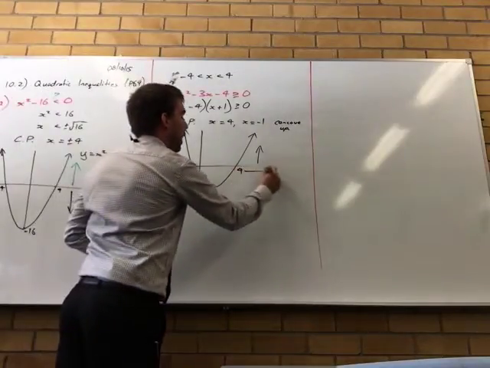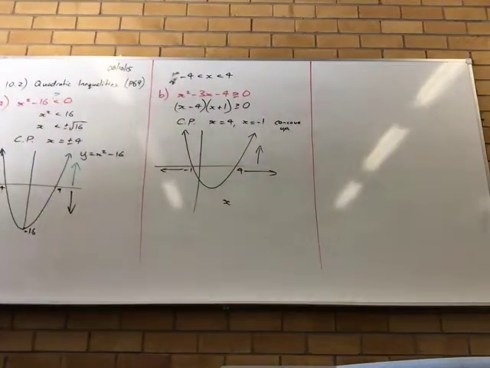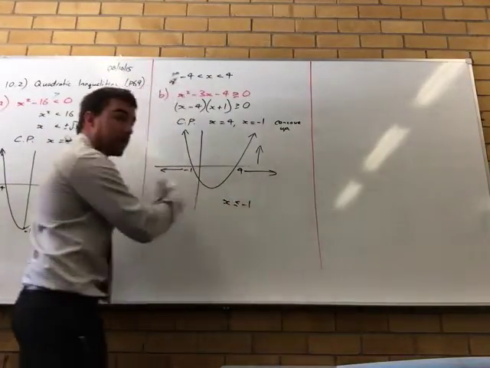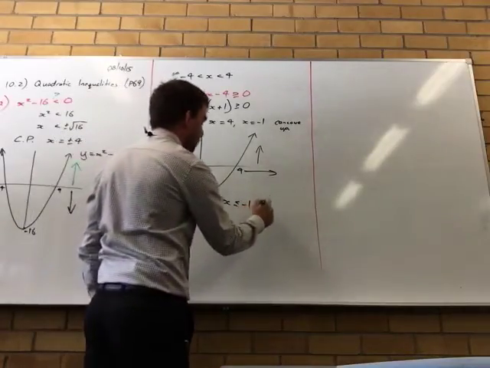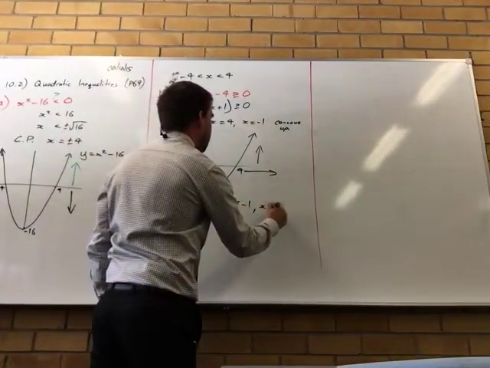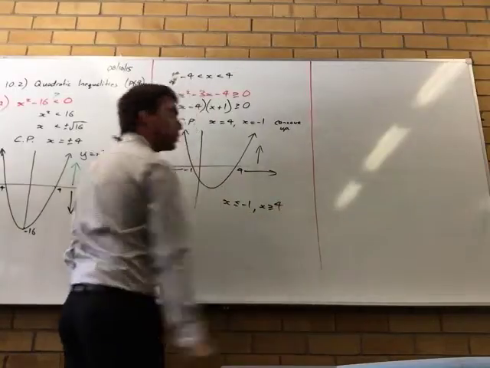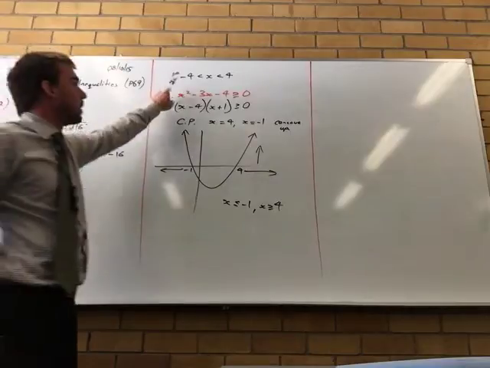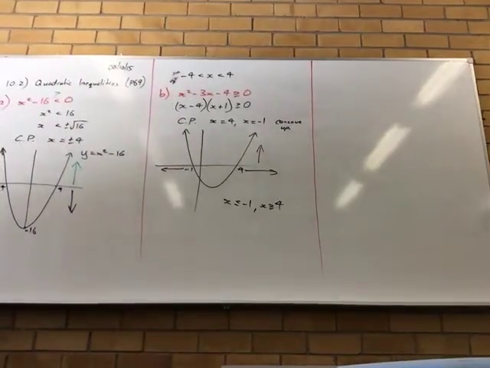If you go this side of your x value at the critical point there, you're still having a positive y value. So x is less than or equal to -1, and x is greater than or equal to 4, going back the other way. So any number less than or equal to -1, or any number greater than or equal to 4 will match that inequality. Okay? Anything between will return a negative number.